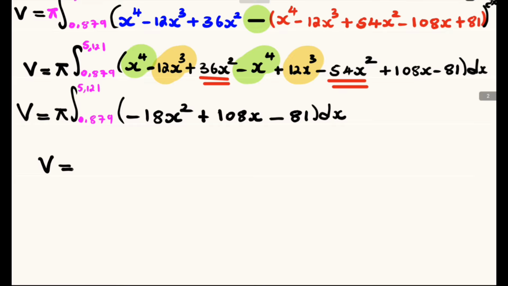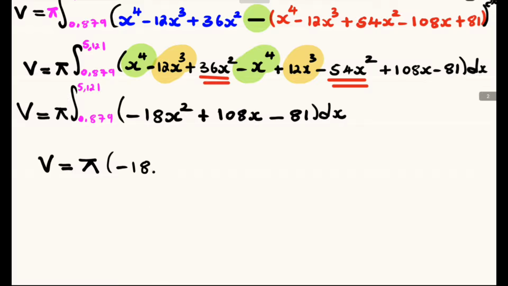So our v will be equal to pi, and we have negative 18 multiplied by the integral of x squared, which is x to the power 2. We add 1 to the exponent of the x. We divide by the 2 plus 1 in the exponent. So this will be divided by the 2 plus 1, plus 108 multiplied by the integral of the x.